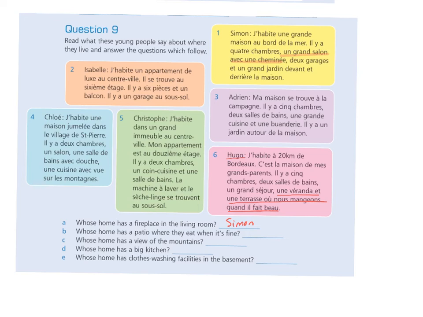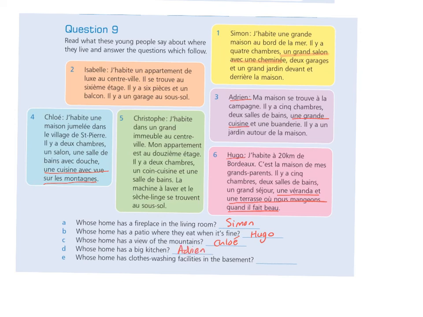Whose home has a view of the mountains? Chloé. Une cuisine avec vue sur les montagnes. Whose home has a big kitchen? Adrien. Why? Une grande cuisine, a big kitchen.